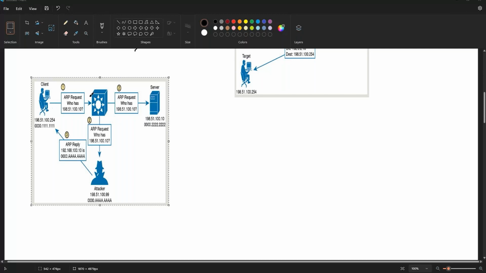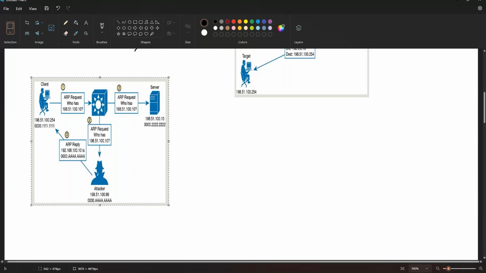Now the server's IP address is 198.51.100.10, but there is an attacker sitting there, and the attacker says that my name is 192.168.100.10 and my MAC address is 000.aaa.aaa, right? And the attacker sends that information to the client.